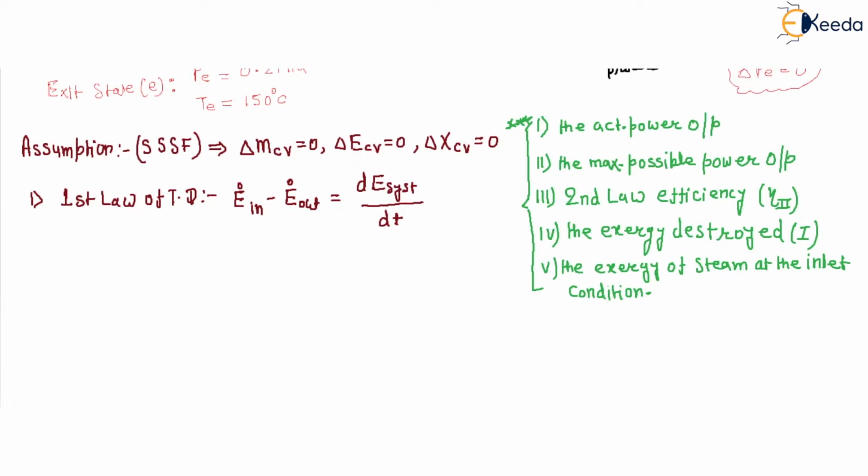Now this value is 0. Why is this value 0? Because it is a steady state, steady flow process, so the change within the control volume is 0.